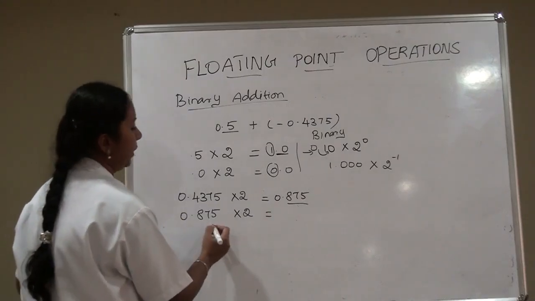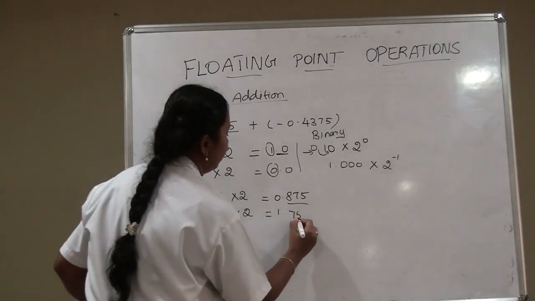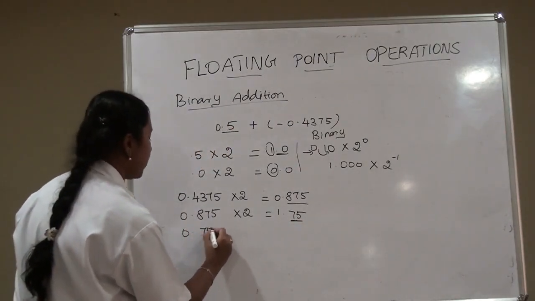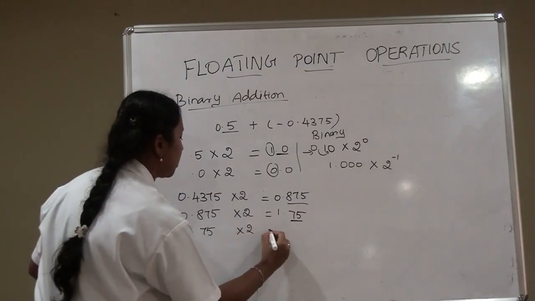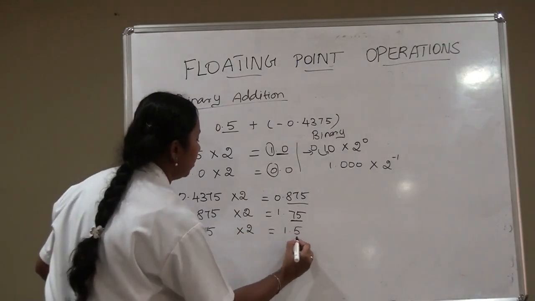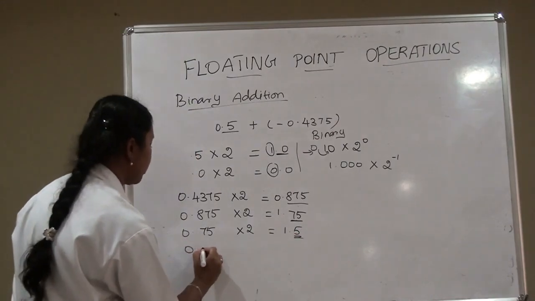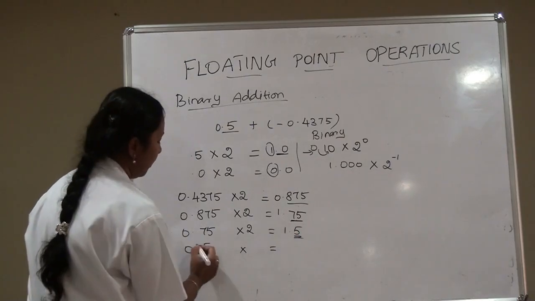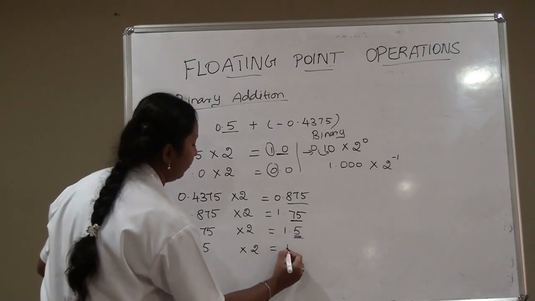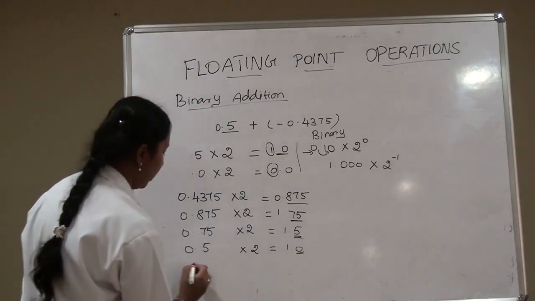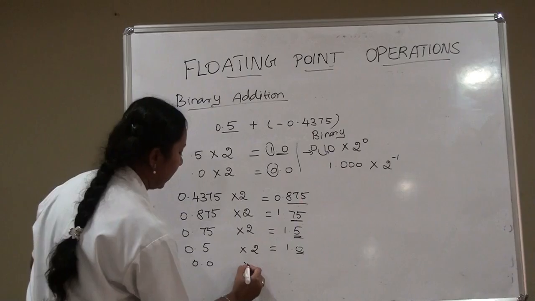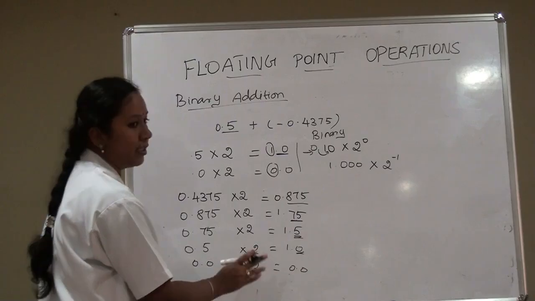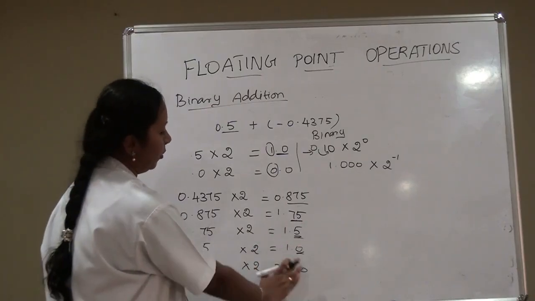This gives me 1.75. Again I take this 0.75. So 0.75 into 2 gives me 1.5. In turn, I proceed with this multiplication until I get 0 on both sides. So 0.5 into 2 gives me 1.0. Again I proceed with 0.0 into 2, which gives me 0.0. Once I get 0 on both sides, I can stop my multiplication. So here it ends.